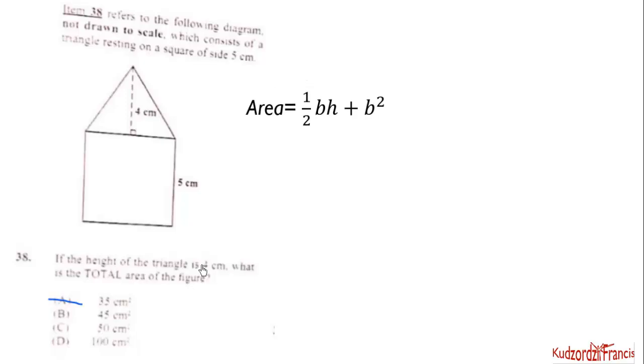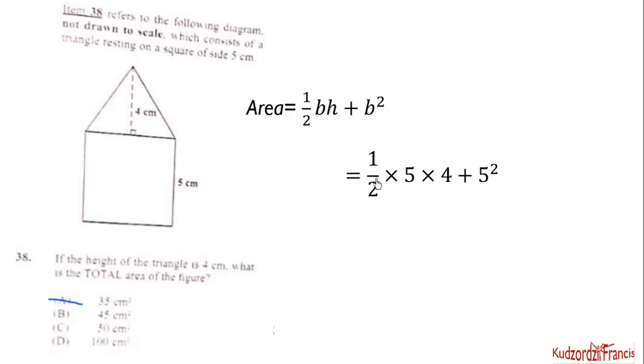So the total area will be the area of the triangle, which is half b h, plus the area of the square, which is the base squared, because the length of the base of the triangle is the same as the length of the square.